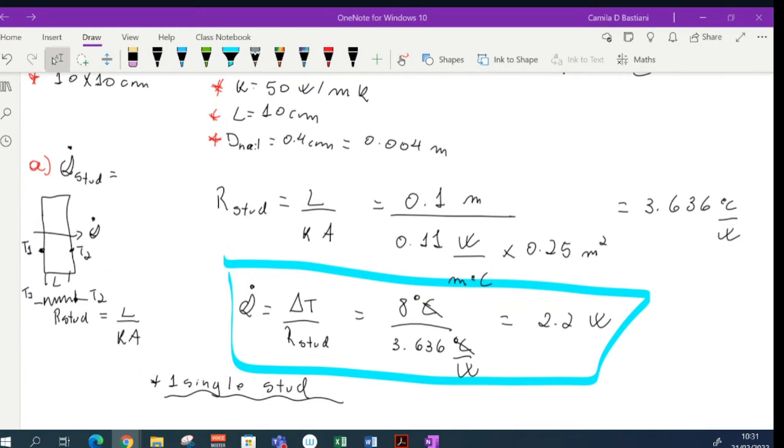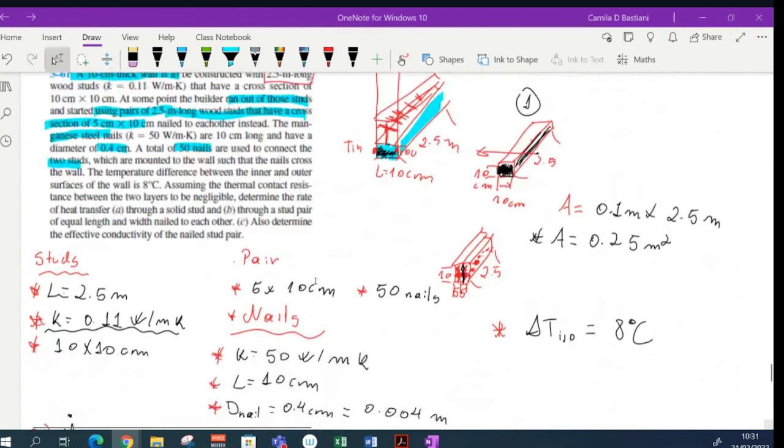The next part of the problem asks me to calculate the heat transfer through a stud pair of equal length and width nailed to each other. So now I want to know what is my heat transfer through this pair here, where I have stud, nail, stud, and I have 50 nails.